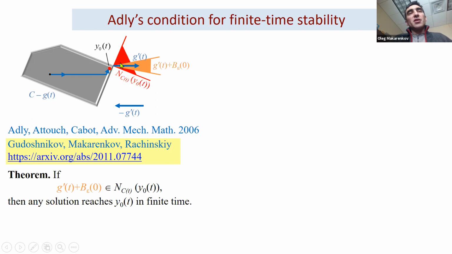So that's an assumption. If the velocity vector is strictly in a normal cone to this vertex, then all trajectories will approach this vertex in finite time. Of course, this is just a geometric result.